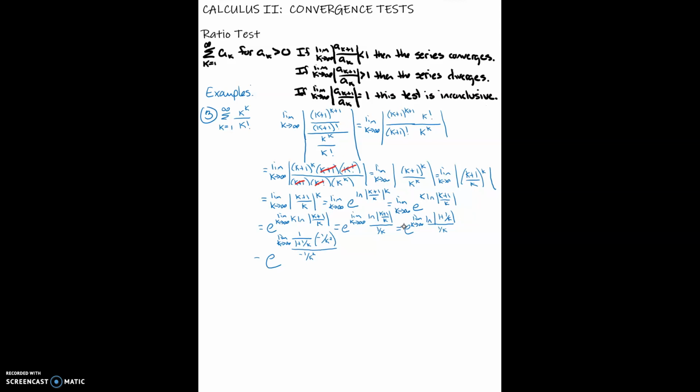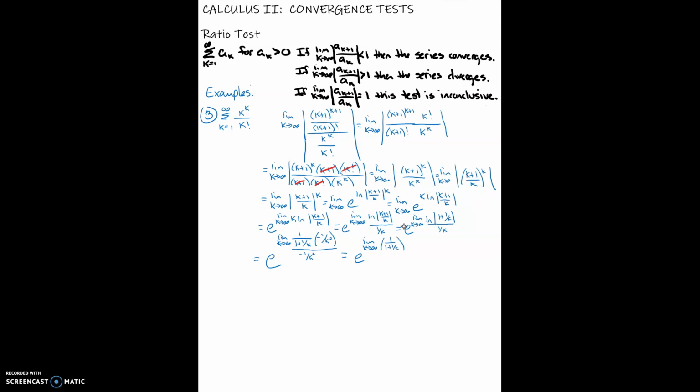Okay. So now I can simplify this a bit. The negative 1 over k squared, both in the numerator and the denominator, those reduce. So now I just have the limit of 1 over 1 plus 1 over k.